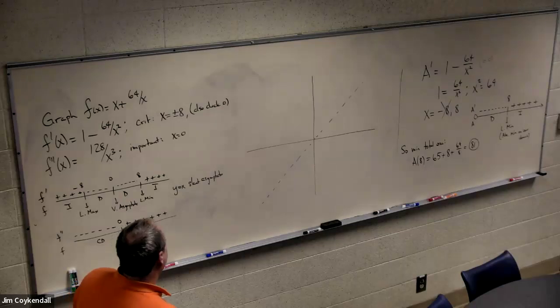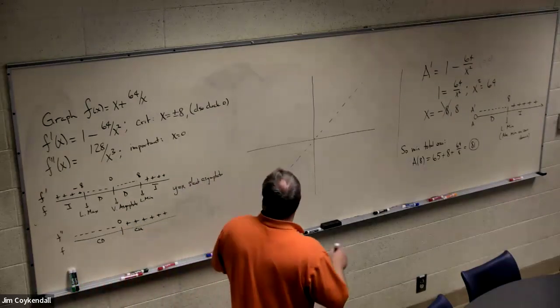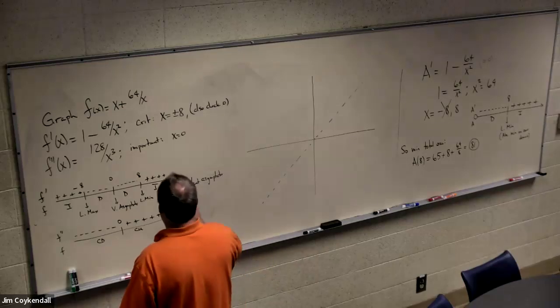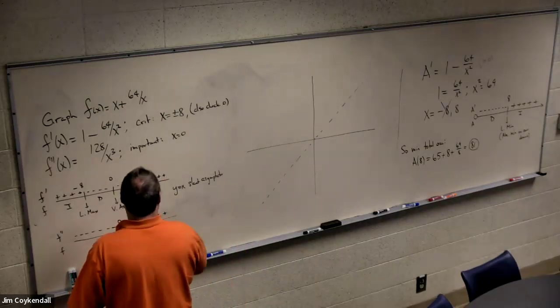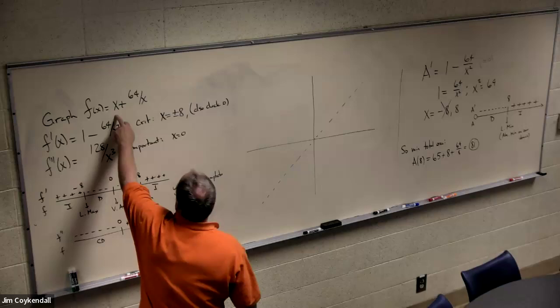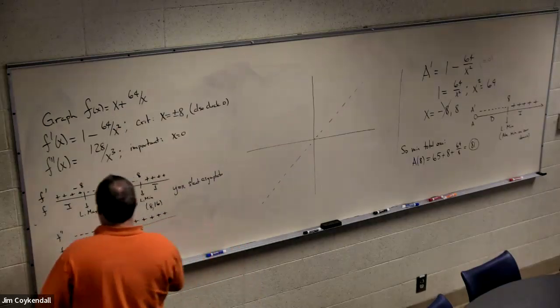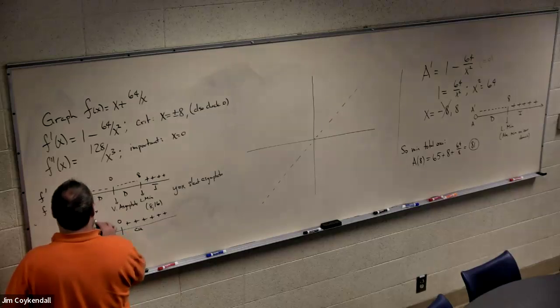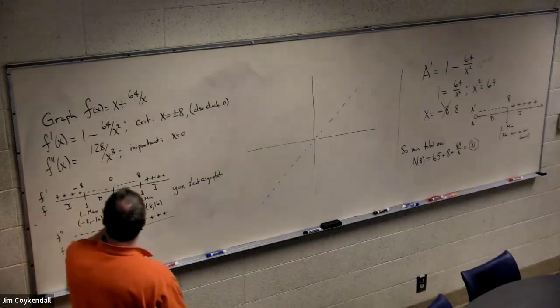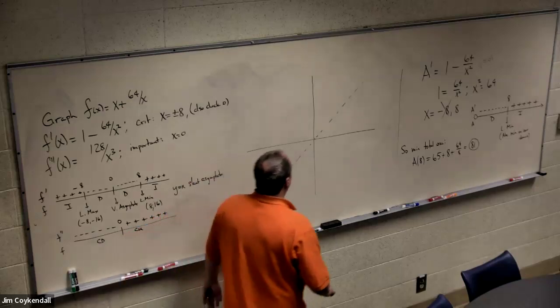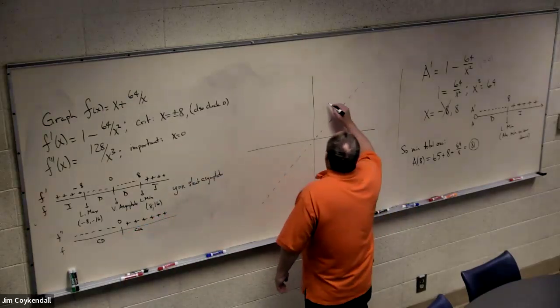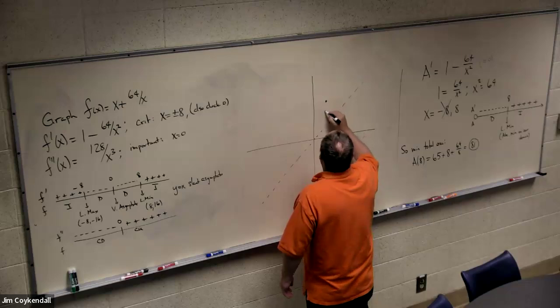I'm not going to do a good scale here. We have a local min at the point 8, 16, and a local max at negative 8, negative 16. So maybe right here.